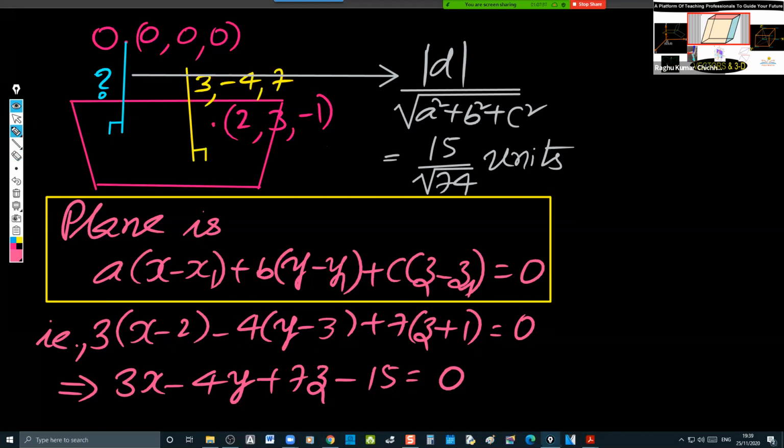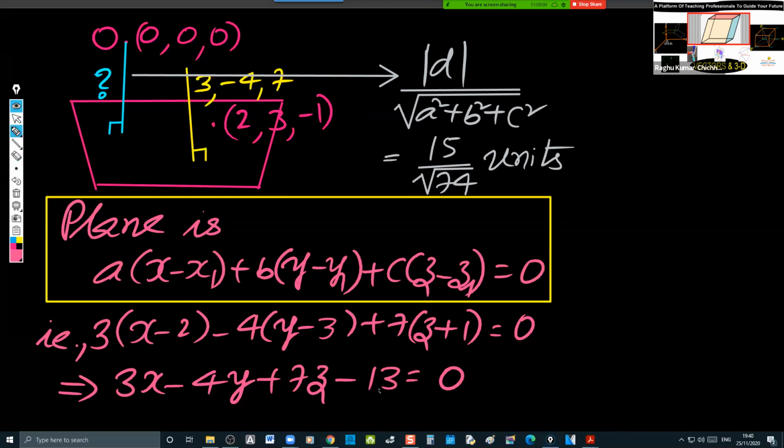Now this is 12 plus 7, 19 minus 6. 19 minus 6, 13. So this is not 15, it is 13. That's a simplification mistake.